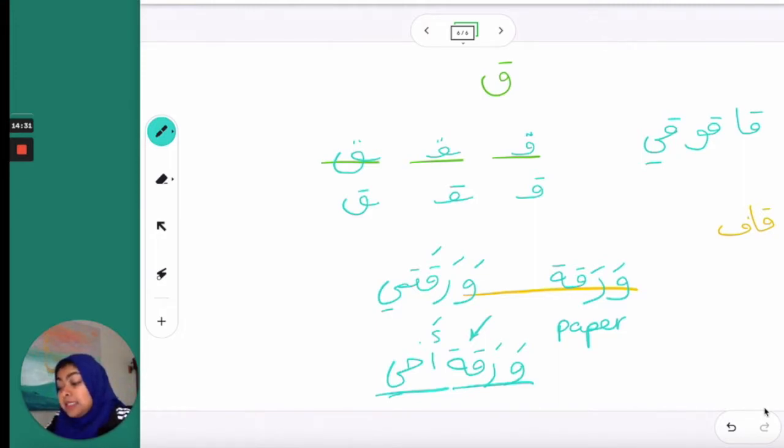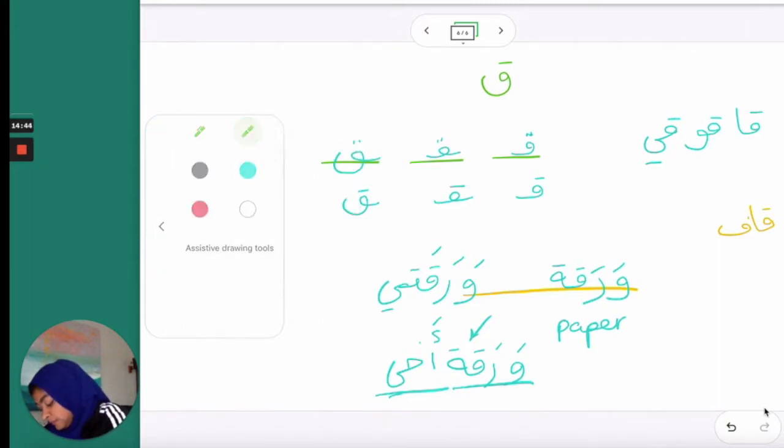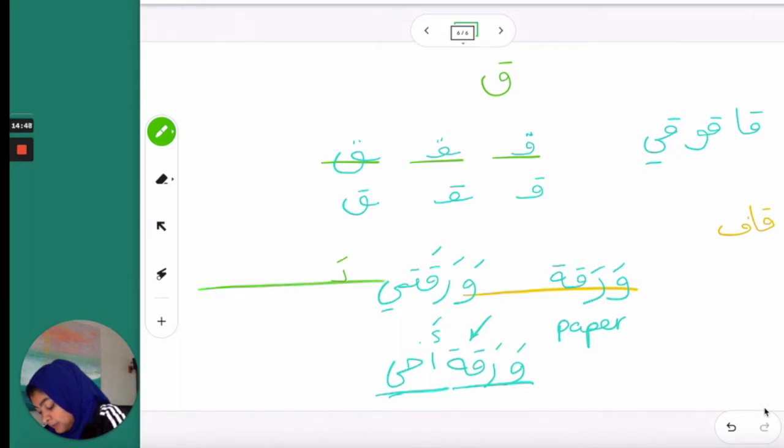Okay, let's do another one. دقيقة. It's also a feminine word. Da doesn't connect to the next letter, so we have qaf in initial again.